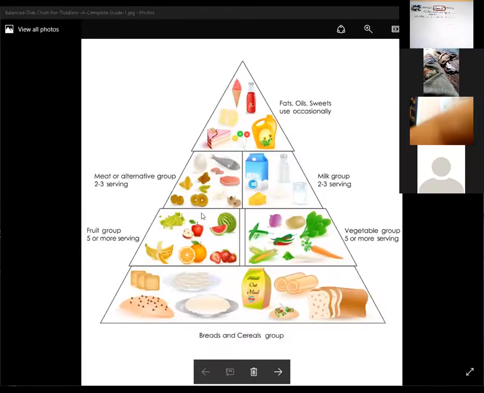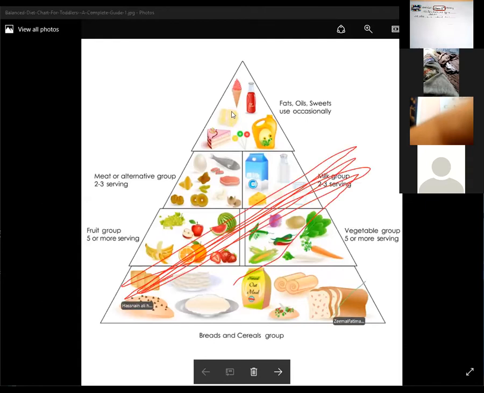Now look at this pic. This is a picture of balanced diet. First group is fats, oil, and sweets.